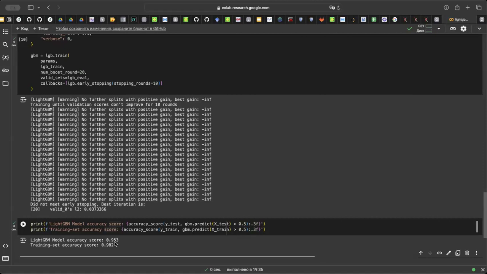Okay, let's talk about training, validation, and test scores, and what can we do to avoid overfitting to our data, and how can we see that during the training our model has overfitted.